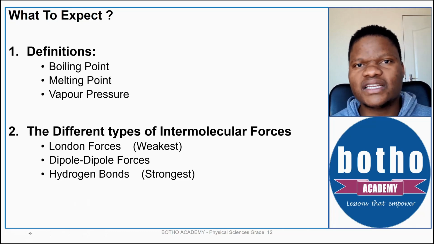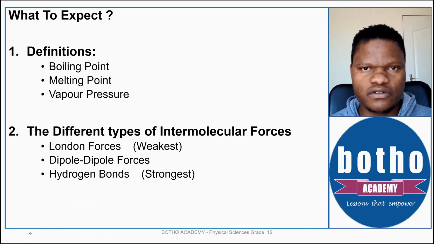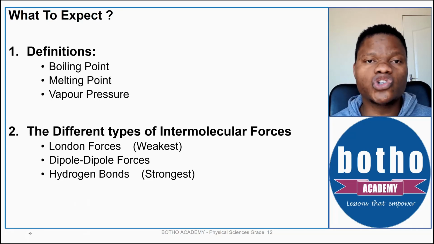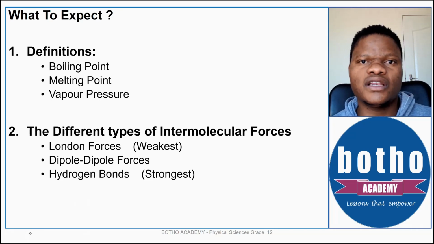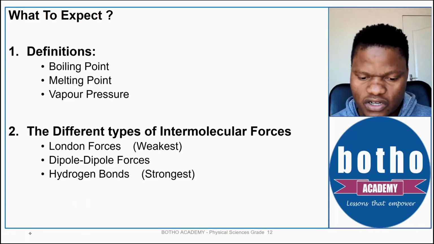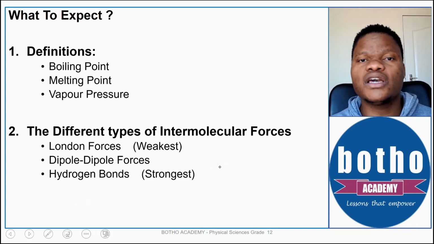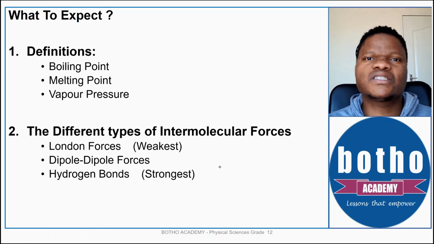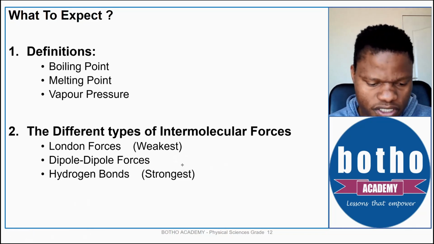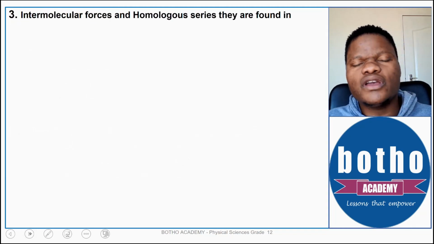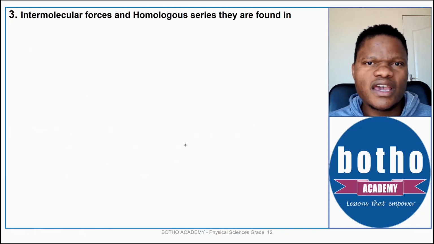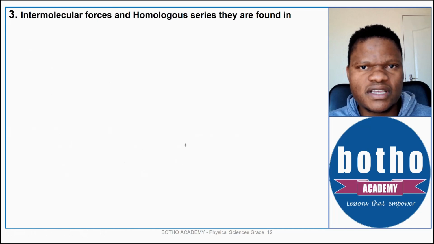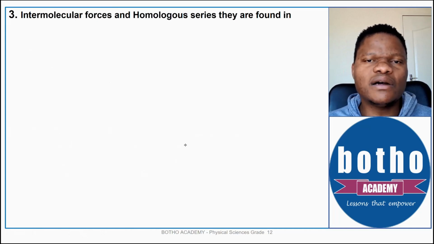This is a continuation from your grade 11. So you should know the types of intermolecular forces and which ones are stronger than the others, so that you can compare different molecules, especially in terms of their physical properties, such as boiling point and melting point.